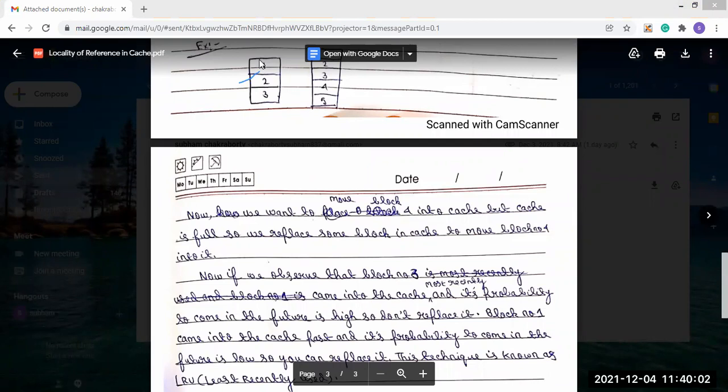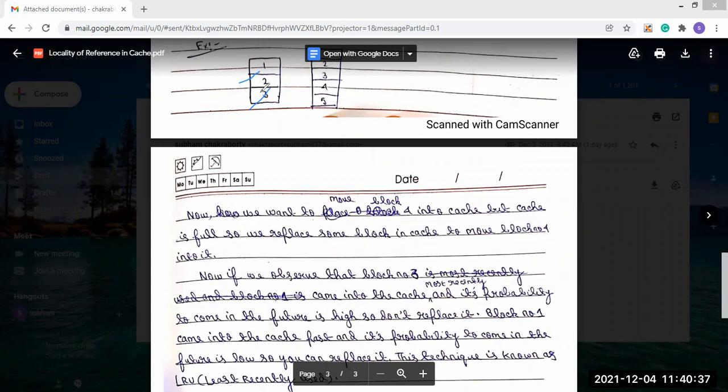This technique is known as LRU, or least recently used. Block number 1 was used long ago, and its probability to come in the near future is less compared to block number 3, because block number 3 came most recently.